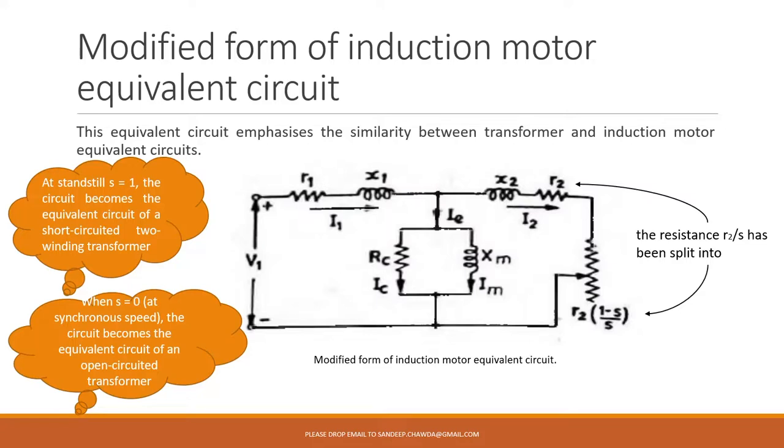And when your slip is 0, meaning synchronous speed, which is not possible in the case of an induction motor, this circuit will be treated as the open circuit equivalent circuit of a transformer. So when S is equal to 0, it is the open circuit of a transformer. When S is equal to 1, it is equivalent to the short circuit of a transformer. Hope you are getting the things.